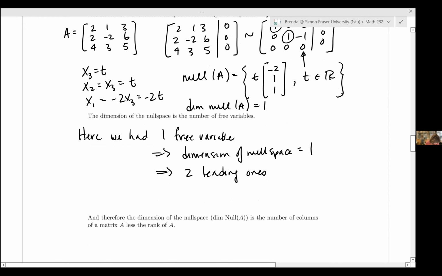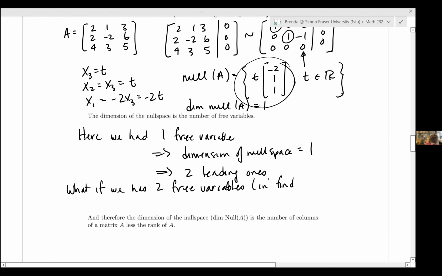Now, right here we observed that there's one vector in there, it's linearly independent, so we got a basis. Now imagine, what if we had two free variables when we found the null space? Are we sure that those vectors are linearly independent?